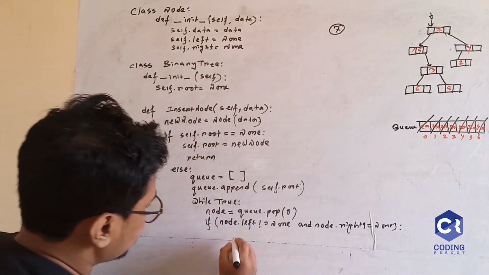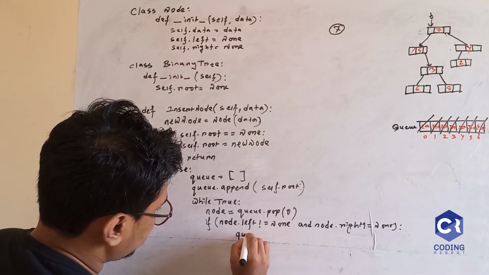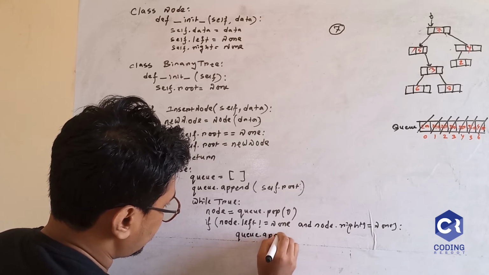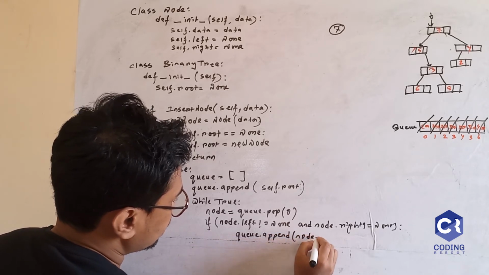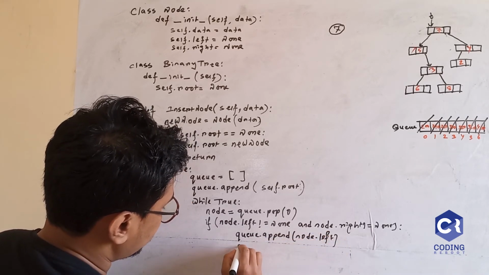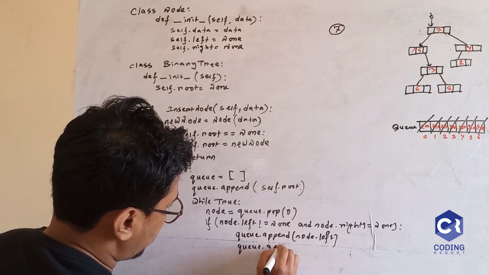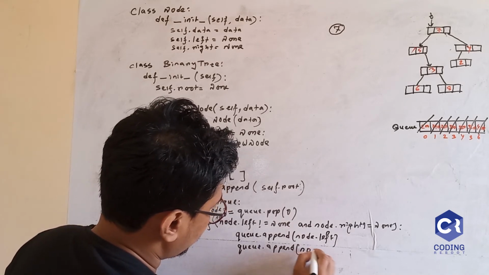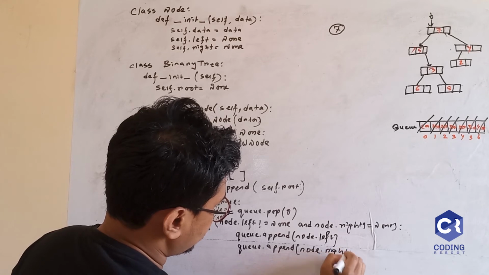That is q.append node.left, again q.append, this time for node.right.